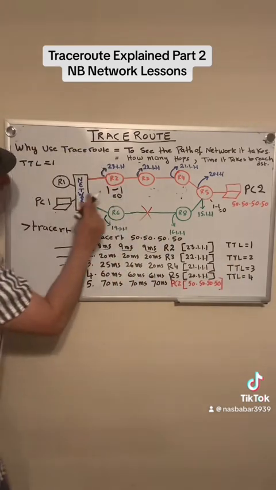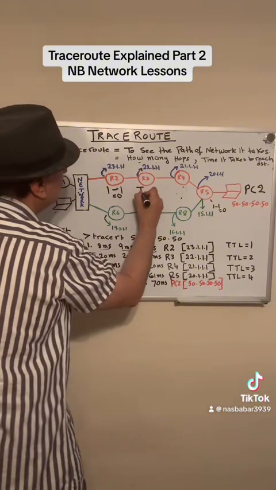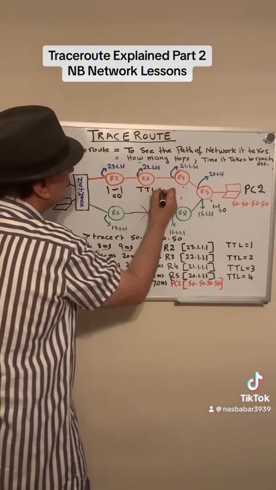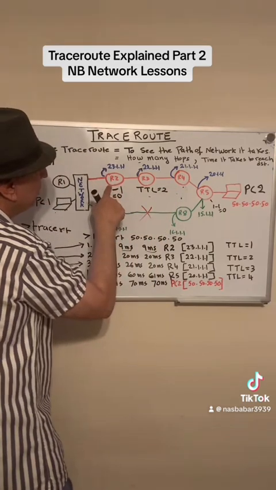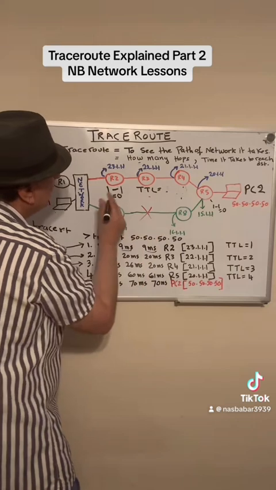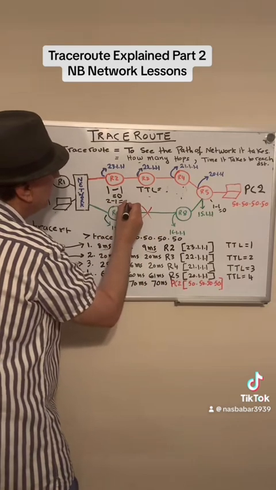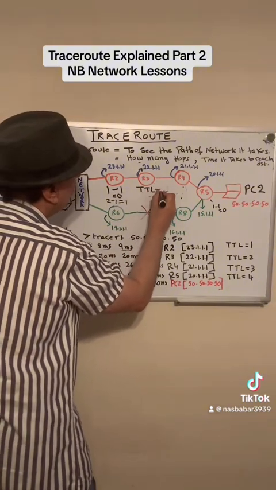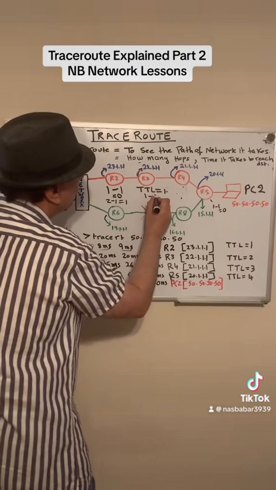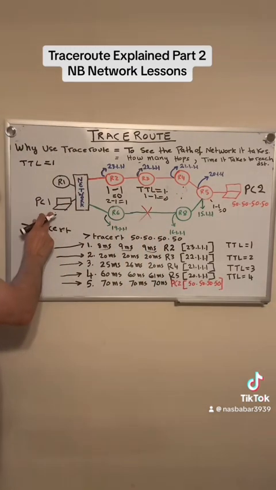So now R2 receives the packet with TTL 2, it decrements 2 minus 1 is equal to 1. When R3 receives it, it has TTL of 1, 1 minus 1 equals 0, sent back to the originator.